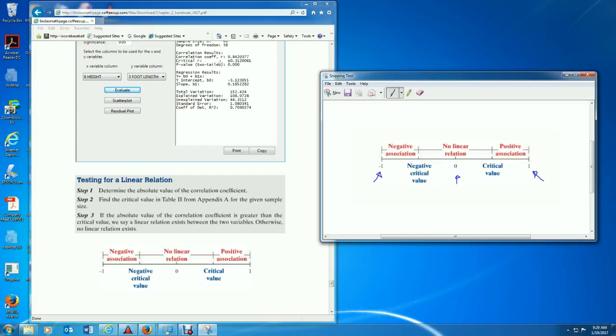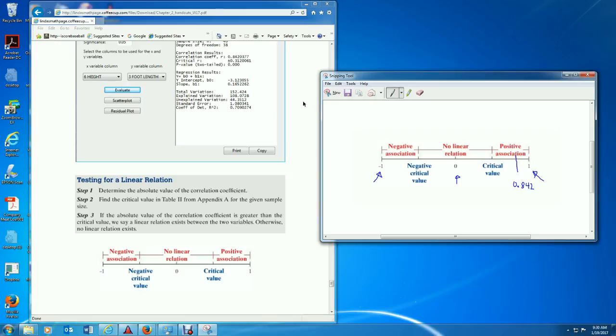The R that we just calculated was 0.842. So that is up here, very close to 1. Okay? And if it is close to either 1 or -1, that indicates that there is a linear association.